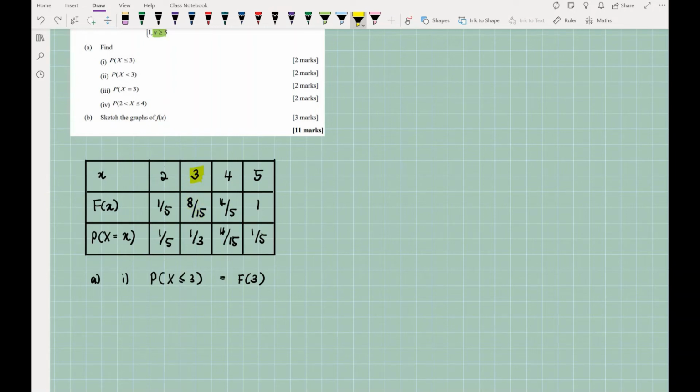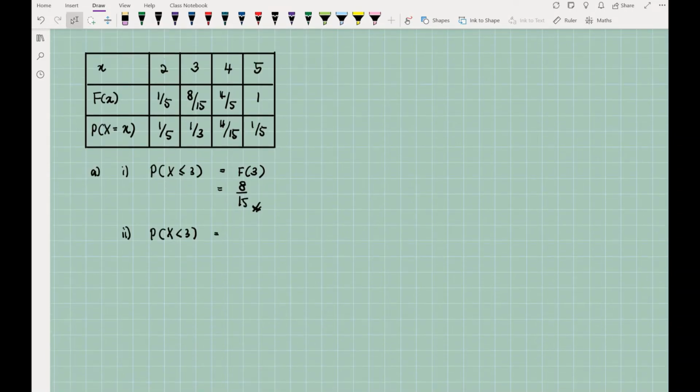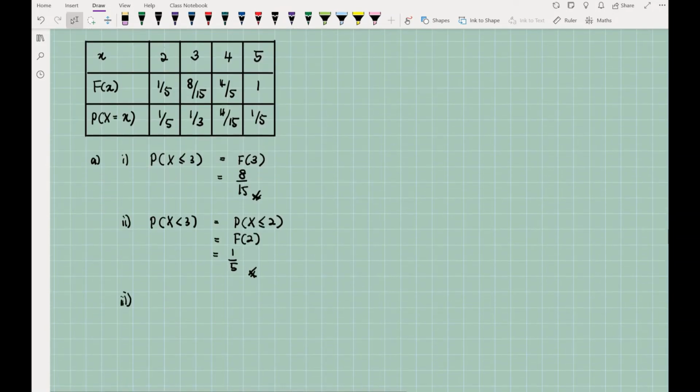Okay, so from here 1 minus 4/5 will give me 1/5. 4/5 minus 8/15 will give me 4/15, and continue doing the same. Okay, so I've completed my table.